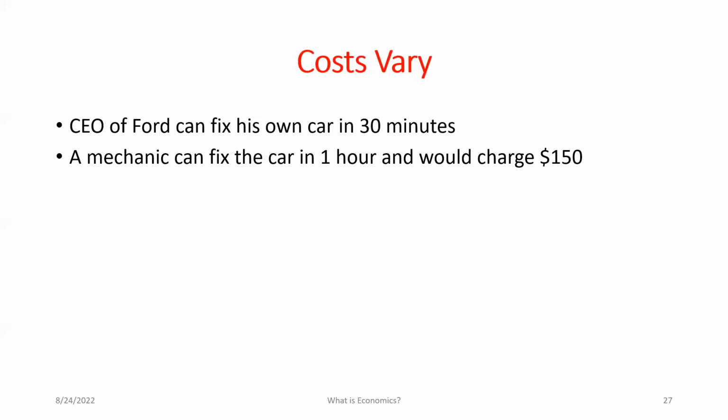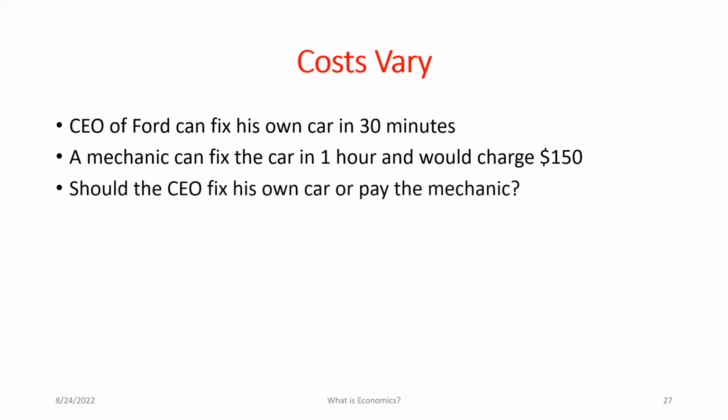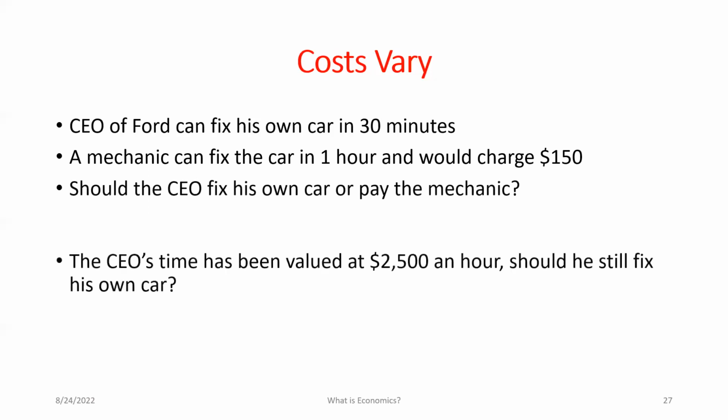Because we have what we call not just an absolute advantage, but comparative advantage matters. Comparative advantage is about how costly it is for each one of these people to fix the car. Instead of $1,000, let's give an actual number. Let's say his time is valued at $2,500 an hour.